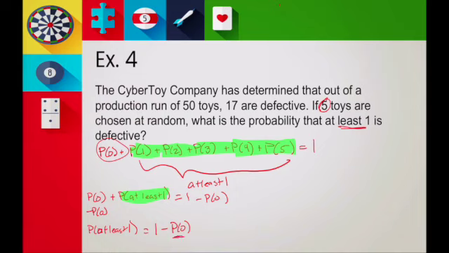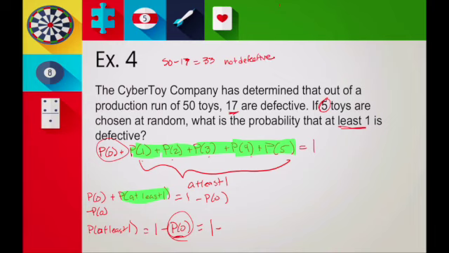And it's much easier to find the probability of no defective toys than it is to find the probability of 1 or 2 or 3 or 4 or 5 defective toys. So let's start. Calculate this probability of no defective toys. We have 17 are defective, so 50 minus 17 is 33 not defective.